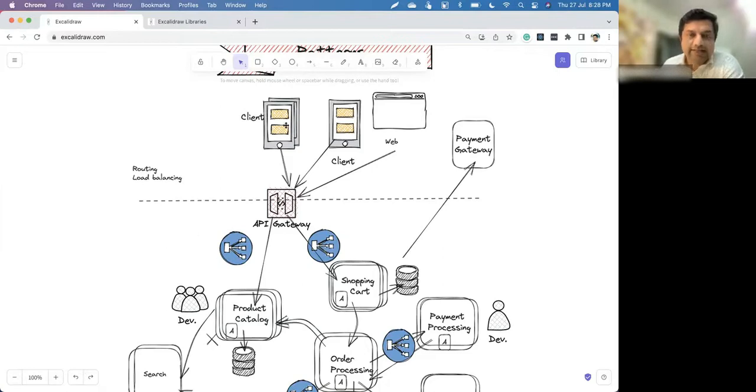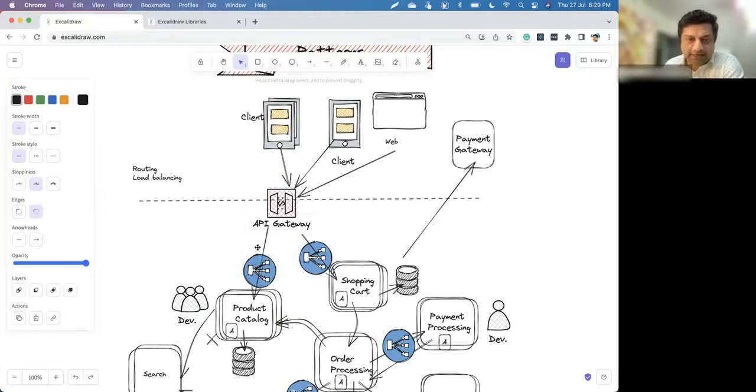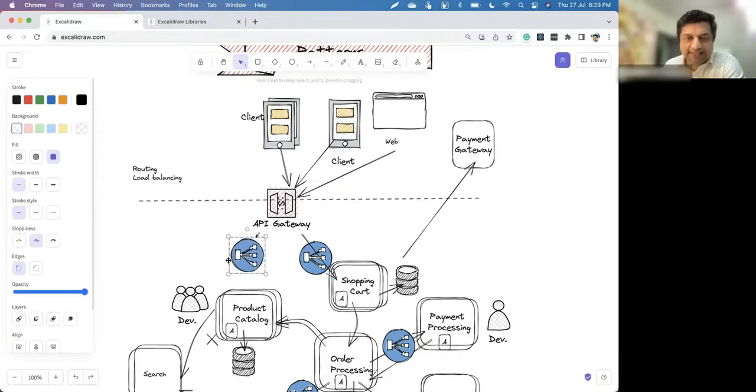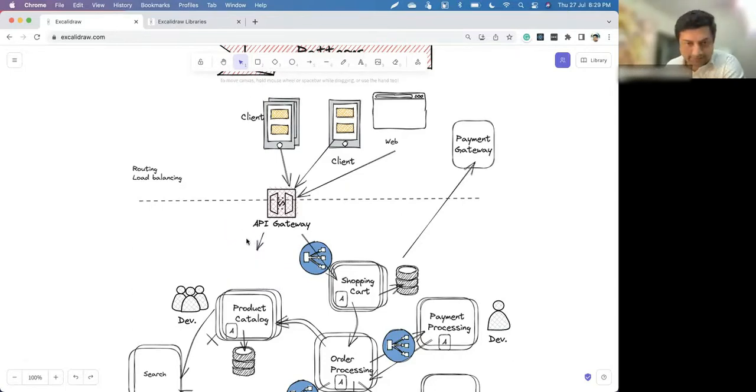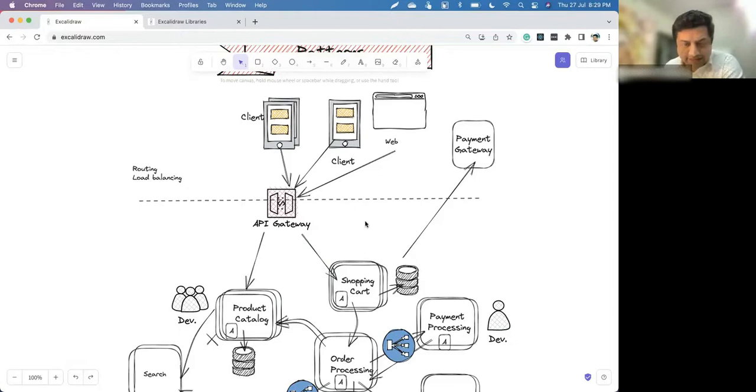Still, you would otherwise need load balancing for each and every service. Now the API gateway can do the load balancing for the client requests, and it can also act as a load balancer, since it has this inbuilt capability. So you are directly communicating with the API gateway.